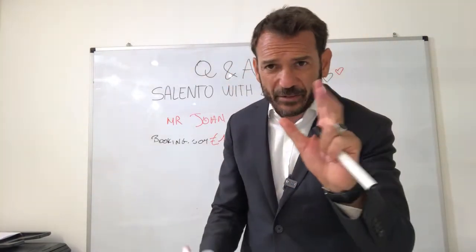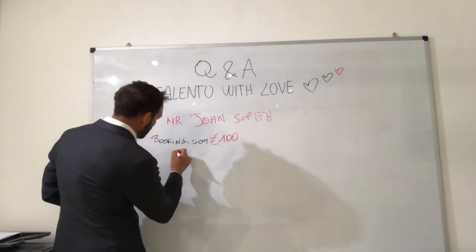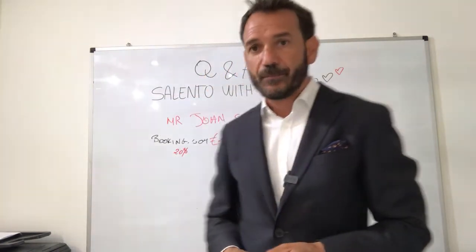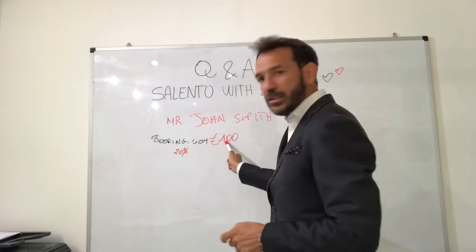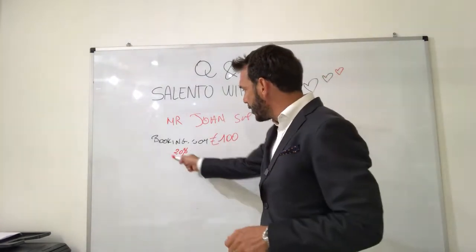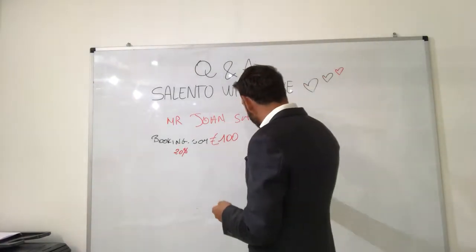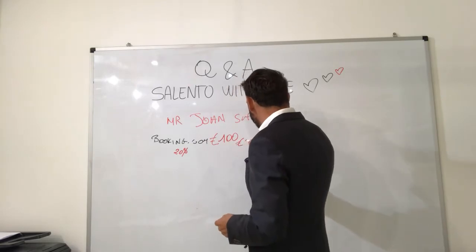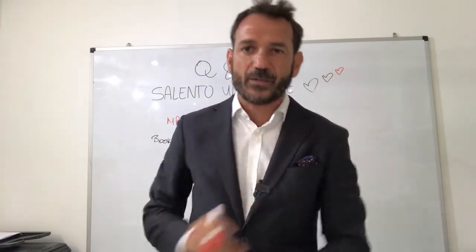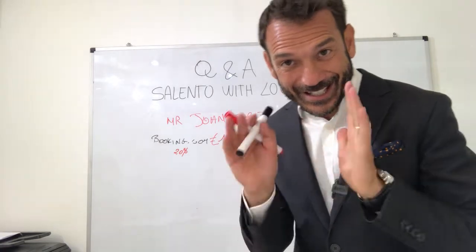Just to make things very simple, although it's a little bit less, but not that much less, the percentage that Booking takes is 20%. So you rent for one night for €100, Booking.com takes 20%, and you are left with, quite easy to work out, €80. To be honest, a little bit more because we work the percentage backwards, but for argument's sake of this Q&A, let's keep things simple, okay?